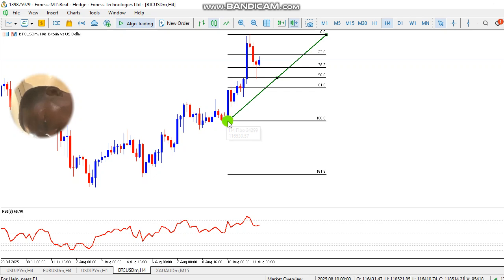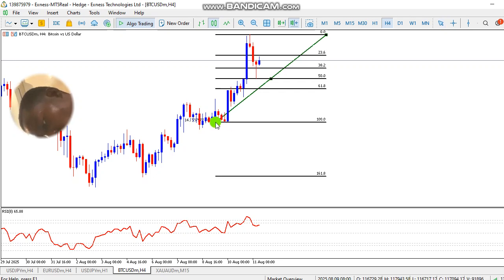So either you place the 0 here, or you can place the 100% here. Either way works perfectly. So you place your 100% at the recent demand area of the market, and then you extend it and place your 0% at the recent resistance area, or the recent supply area of the market.